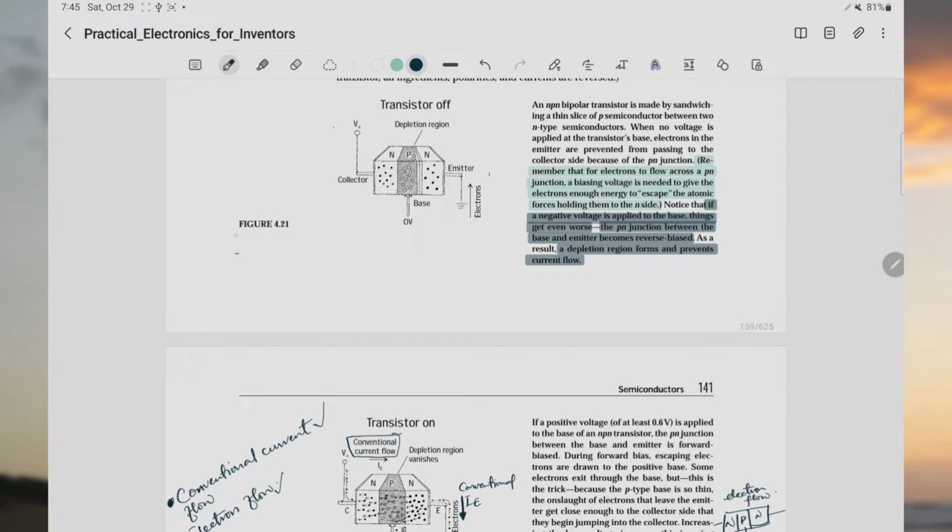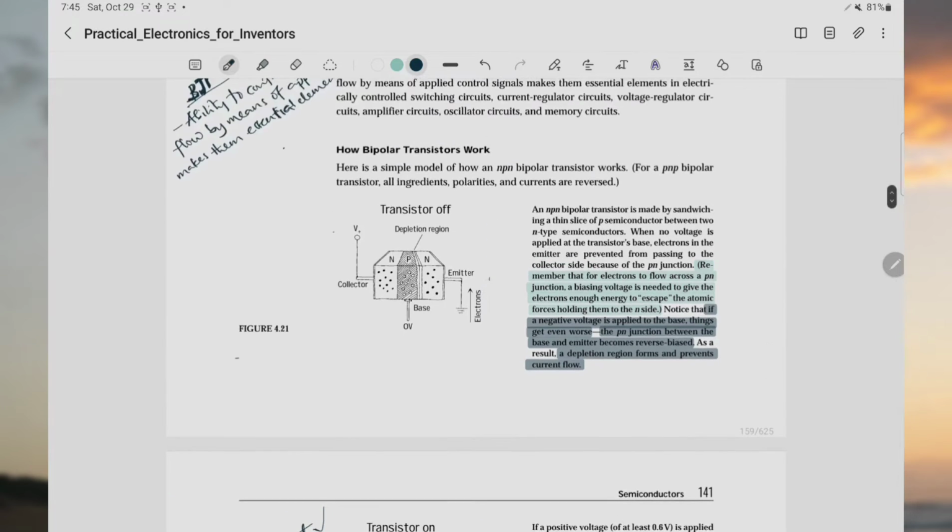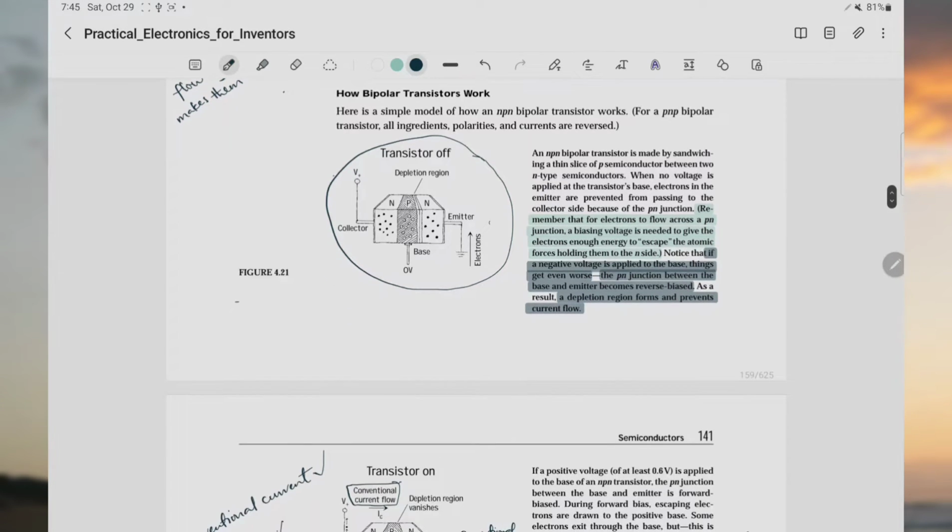In most cases, when we're doing our explanations with these diagrams of bipolar junction transistors, we use the electron flow. The previous explanation I gave was for electron flow, but in most cases when we're using these symbols of the BJTs, this is an NPN.